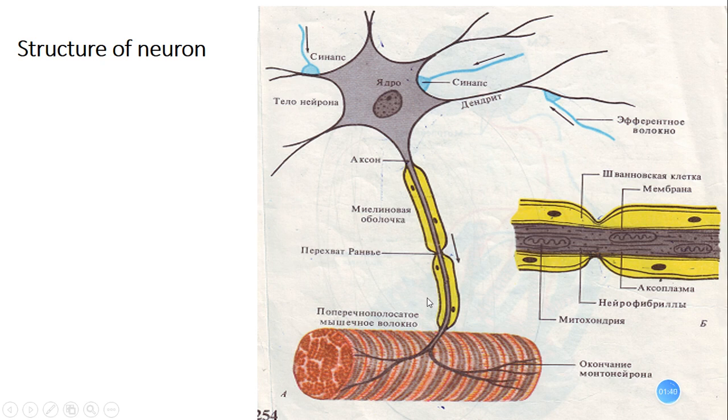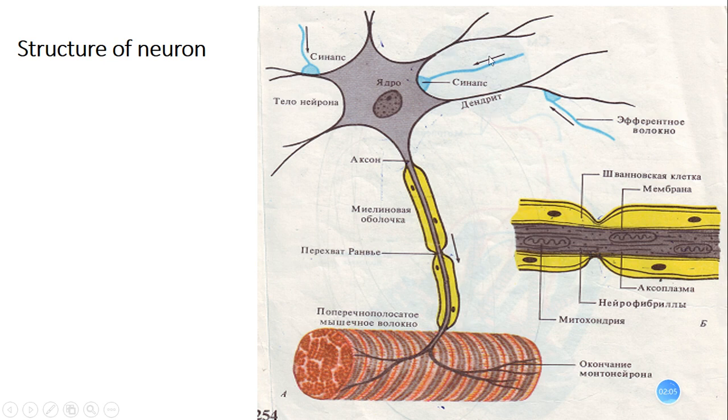And again we have bipolar neurons, and they normally exist in the retina. And again we have unipolar neurons. They exist in the sensory neuron. And again, this is, as I said, a multipolar neuron.